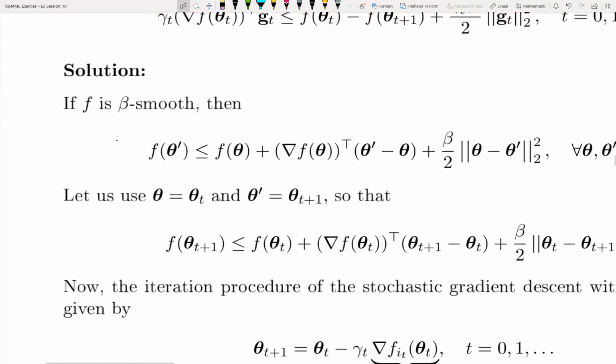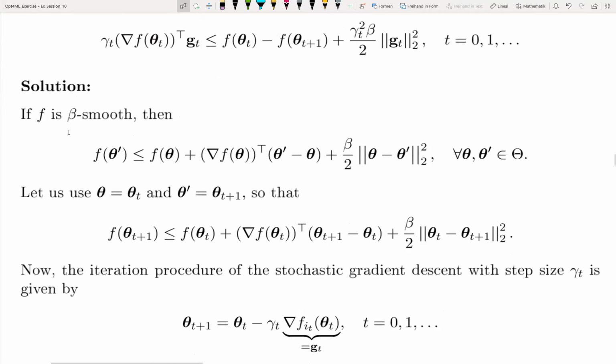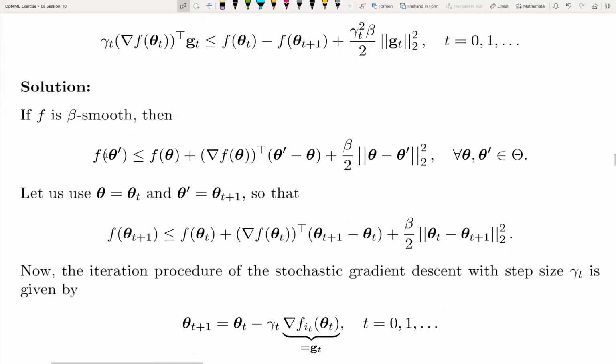So recalling what we get from the beta smoothness of f, we get that f of theta prime for every theta prime is bounded from above by this quadratic function here, where the leading higher order term is determined by this beta over 2 term here.